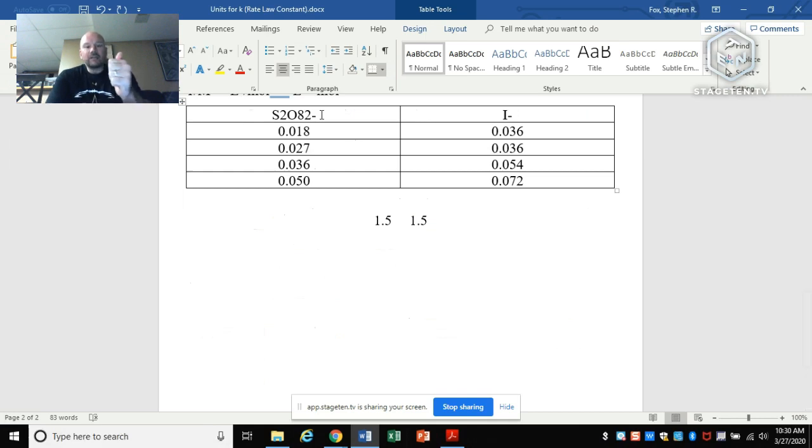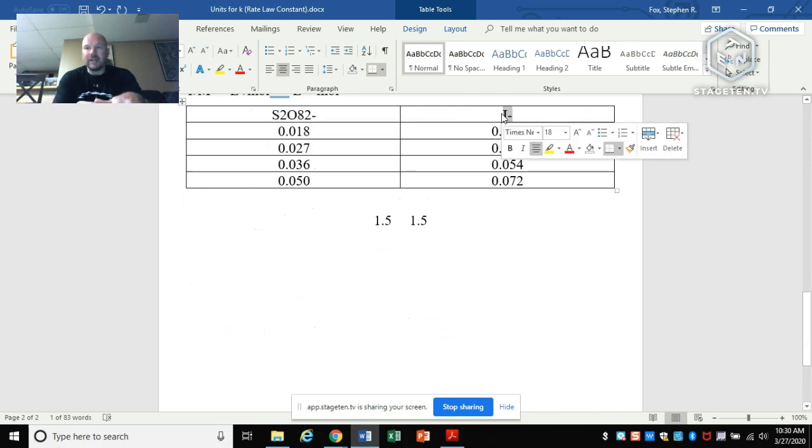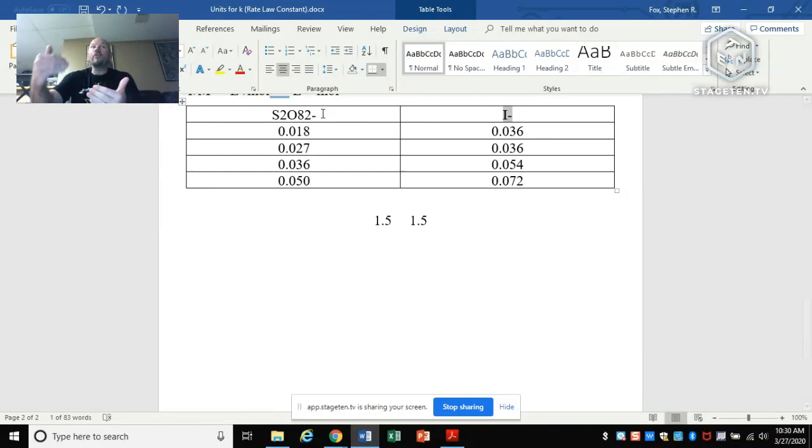But if I double this and I also change the I minus, the rate is going to double because of the S2O8 change, because I know what I did to that and I know it's first order. But then any other change has to be attributed to what I did to the I minus. Does that make sense?